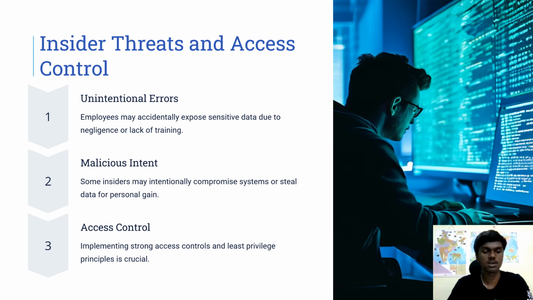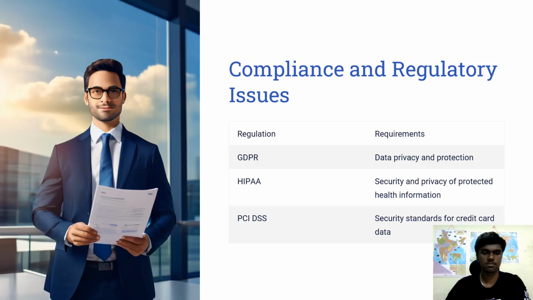Access control: implementing strong access controls and least privilege principles is crucial. Compliance and regulatory issues. GDPR, whose requirements include data privacy and protection; HIPAA, security and privacy of protected health information; then PCI DSS, security standards for credit card data.